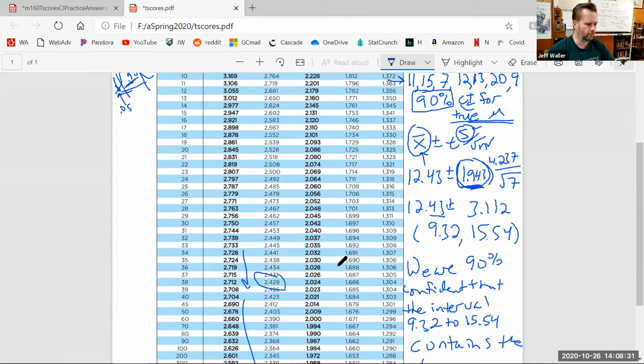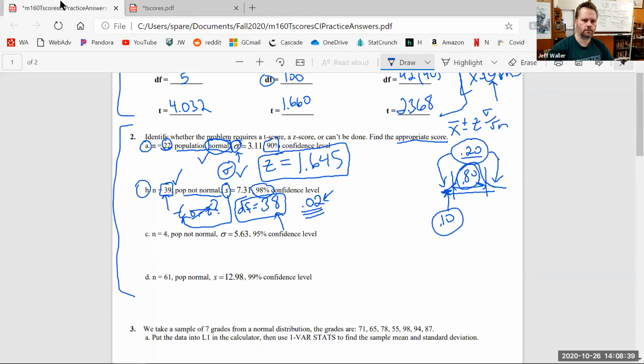Looks like 2.429. You guys see that? So my T-score is 2.429.